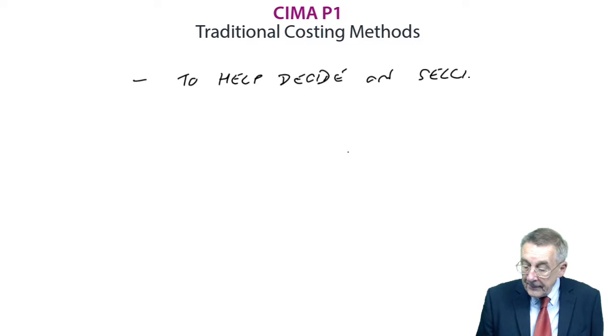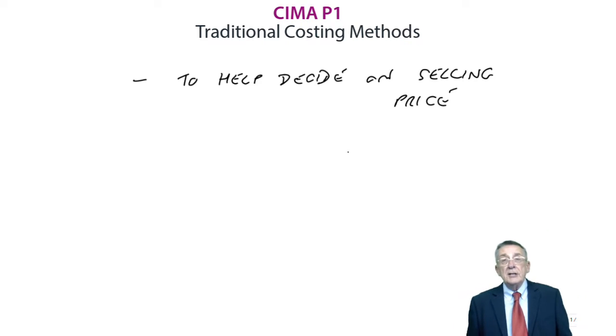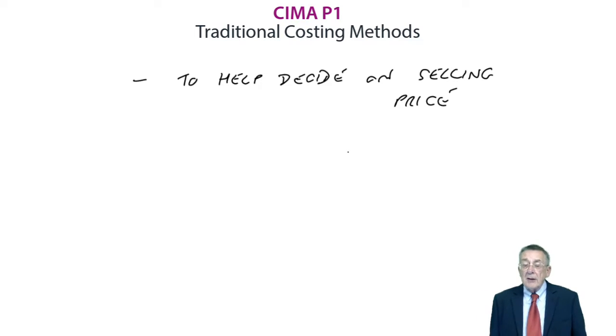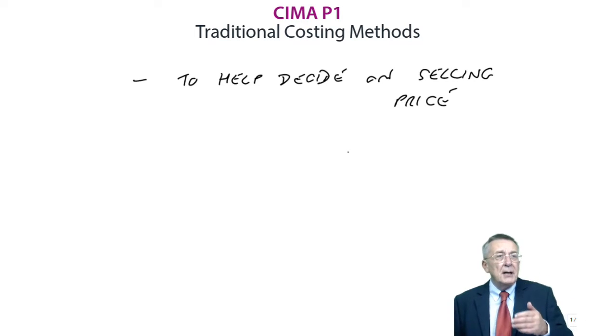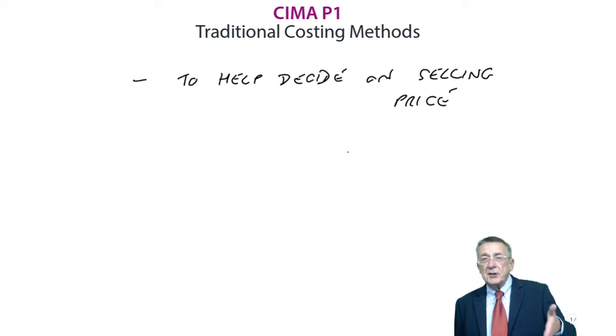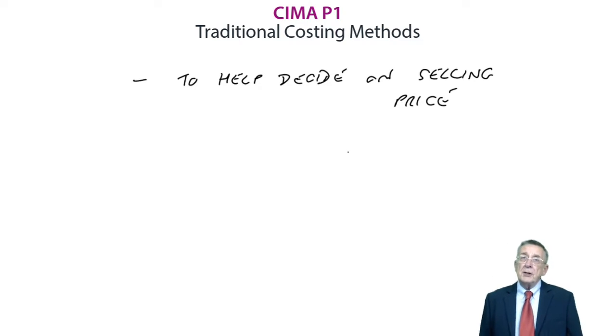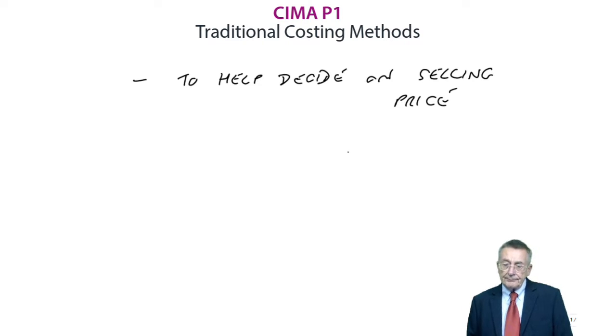Although there are lots of other considerations, not least what price competitors are charging, if it costs me $20 to make a desk, then I would want to make sure the selling price was in excess of 20.